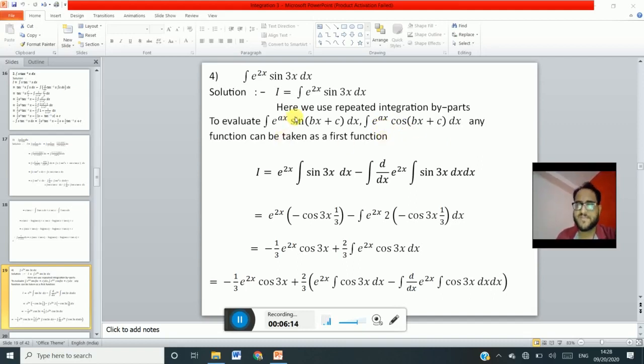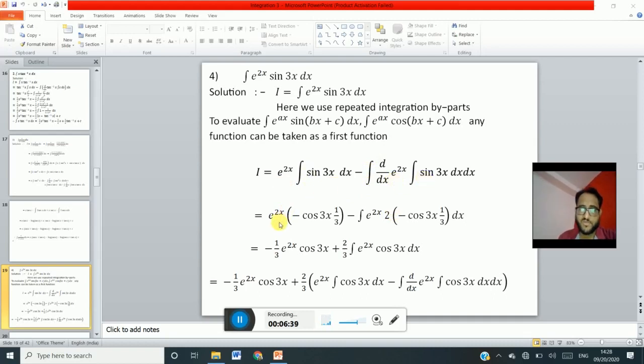These are the exceptional cases. Otherwise, according to the LIATE rule, e to the power x should be considered as the second function, but in the exceptional cases we consider any one as the first function and the other as the second, right? So first into integration of second minus integration of derivative of first into integration of second, right?